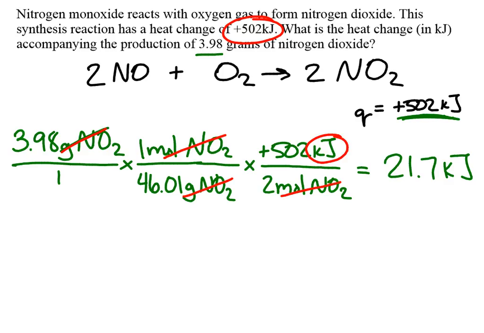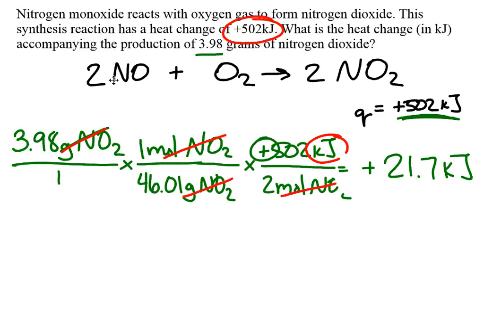And it's important to realize that the positive symbol needs to carry over. Positive 21.7 kilojoules. So what this means is, if I have 3.98 grams of nitrogen dioxide being produced, I'm also going to have absorbed 21.7 kilojoules of heat. That's all it is. It's just another part of the equation.